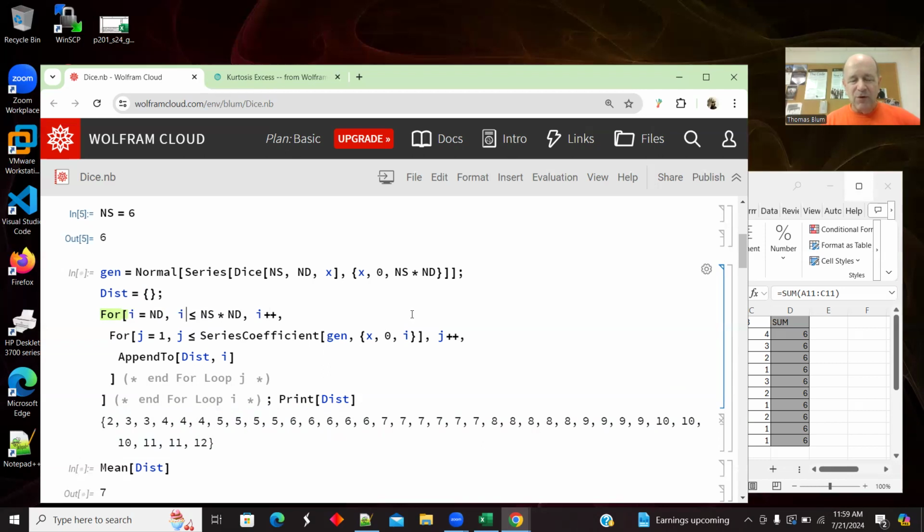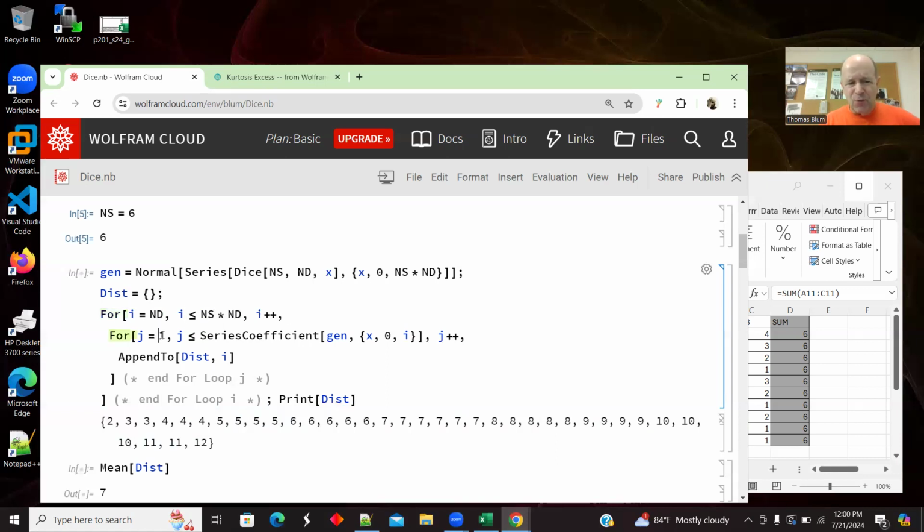When you're typing into Wolfram Cloud, if you type the less than followed by an equals, it turns it into this symbol. And same for the plus plus. If I hit 2 pluses in a row, it changes to a plus plus symbol.